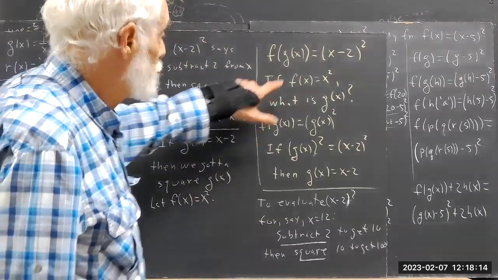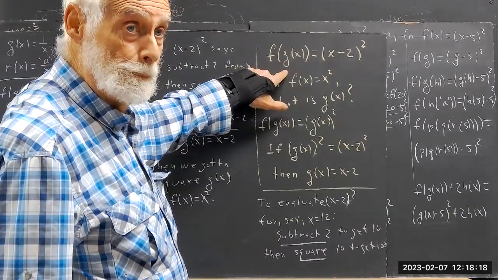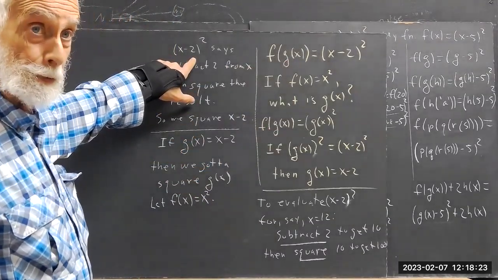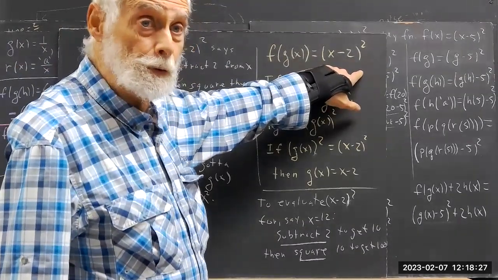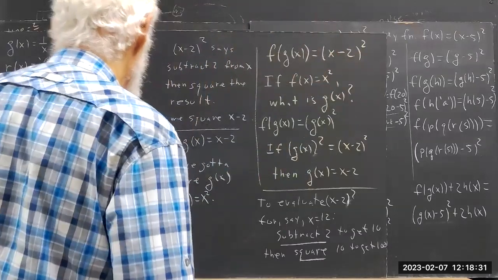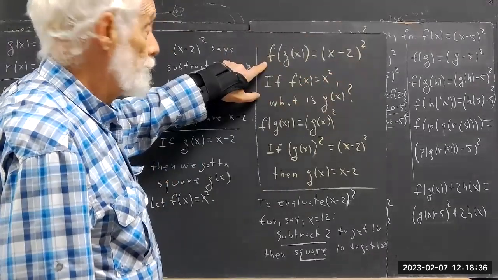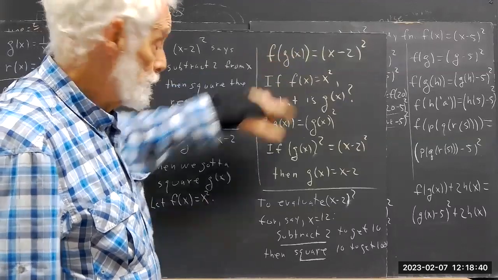What's the first thing we do when we do f of g of x? The first thing we do is g of x. The first thing we do is subtract 2 from x. So g of x has to be x minus 2, and then we square it. We square whatever g of x is. We square the x minus 2.